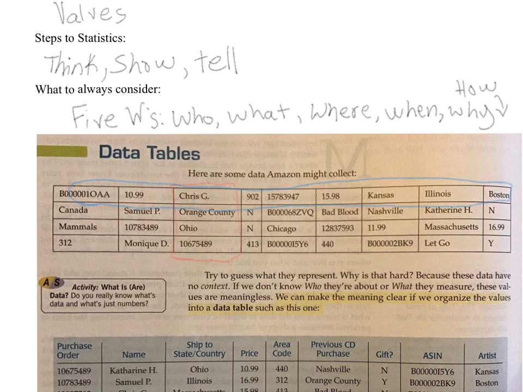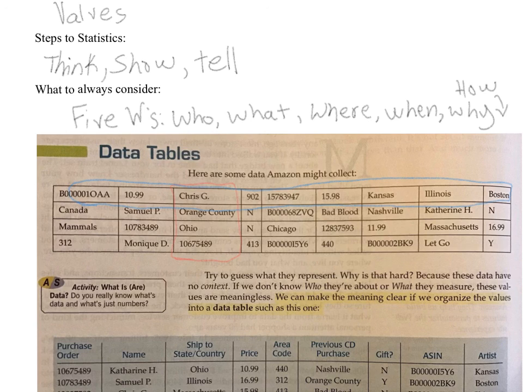Okay, so let's look at the blue table, and let's first answer our question, who. Who in this case, at least in most cases, is always going to be found in the leftmost column. So in this case, the who is basically what information this data table is really telling you.